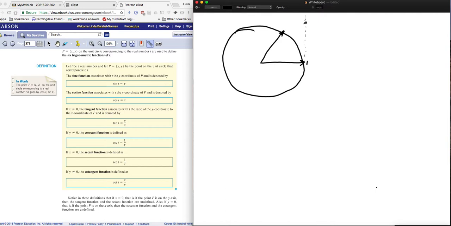This value t ends up being the length of the arc here. Since the radius is 1, the length of the arc is the same as the angle, theta. So that means I can make a change of notation. This value up here, t, is simply theta in radians.